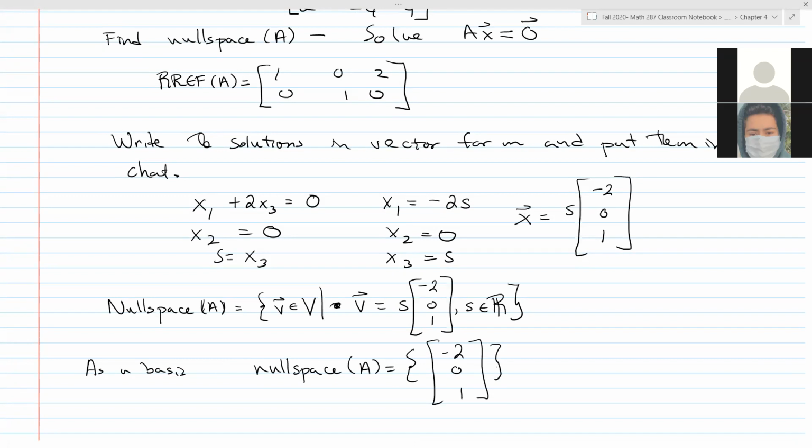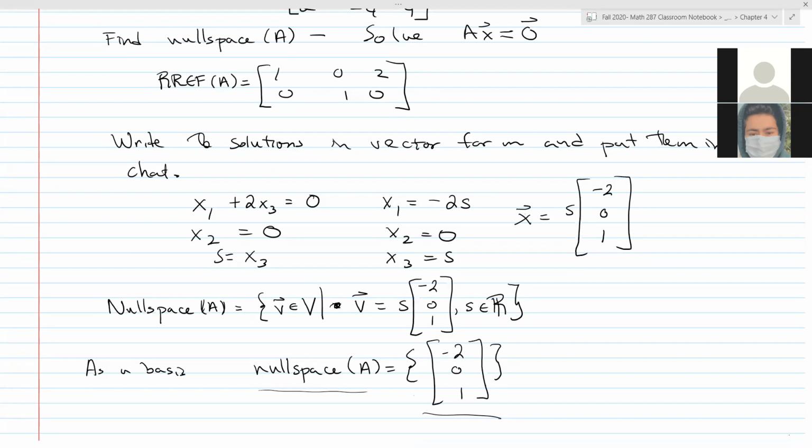We essentially write, here are just my column vectors. Sometimes you'll see it written with the word span, the span of these vectors, so that's the entirety of the row space. Or we'll say the null space is this vector right here. If we write it as a basis and say the null space of A is equal to this, there's an implication that what we're looking at is in fact a basis.